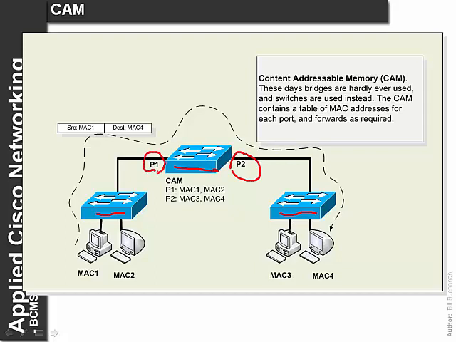It is now up to the switch to identify the nodes on either side and learn their addresses. So in this case, its CAM table has MAC 1 and MAC 2 from port 1 and MAC 3 and MAC 4 on the other port.